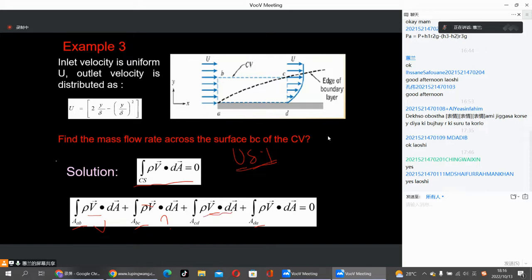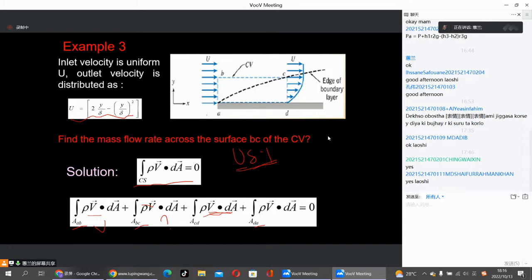And for CD, the velocity distribution, the velocity profile, is also given. But here, the velocity is not uniformly distributed. You need to calculate the volume flow rate per unit width for each differential element and then do the integration, right?